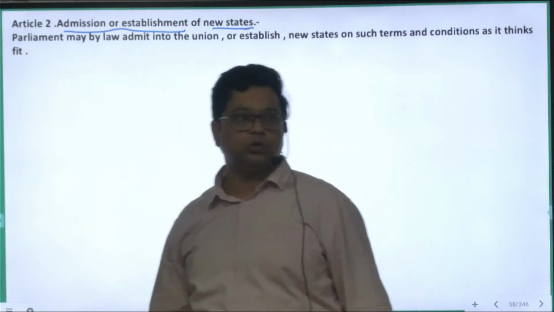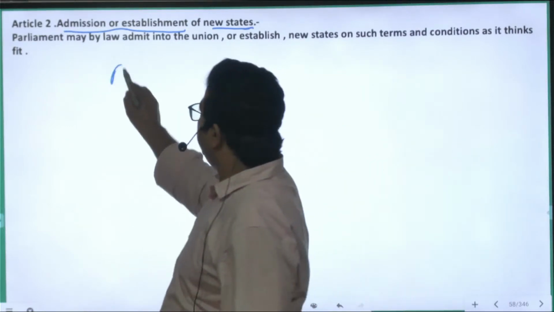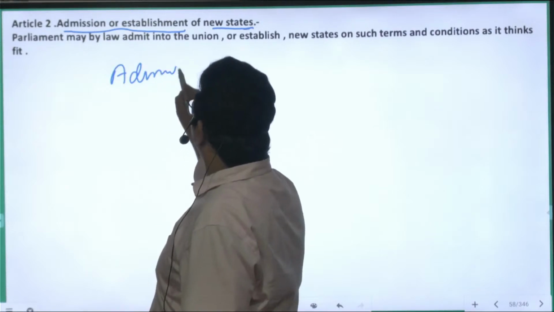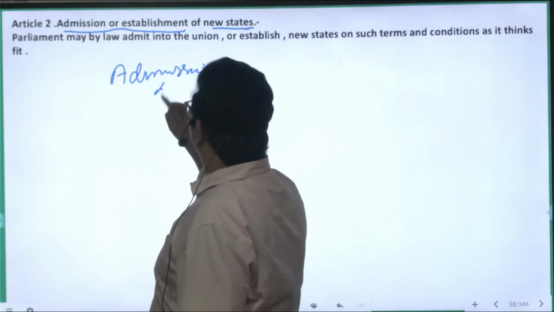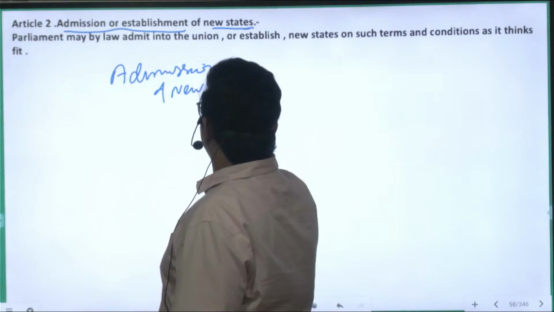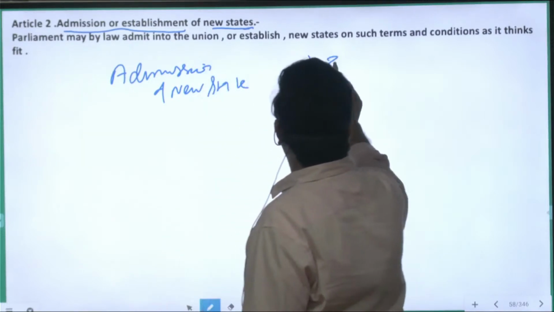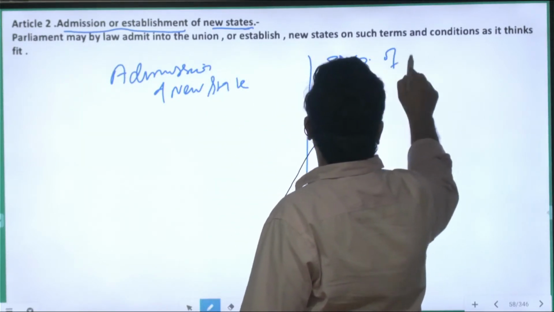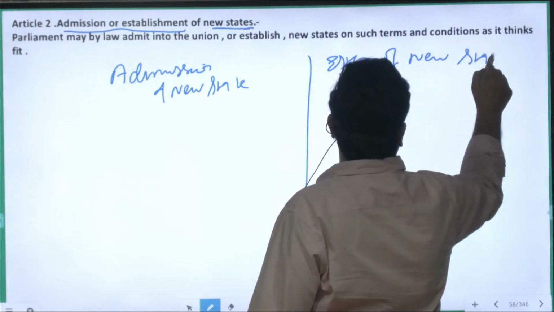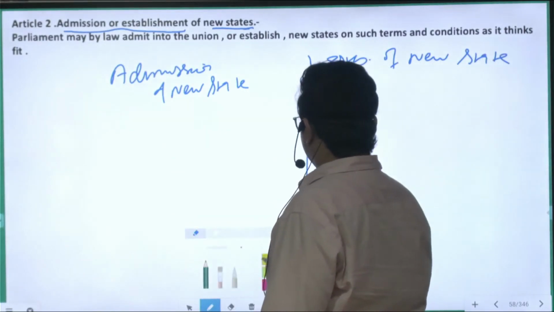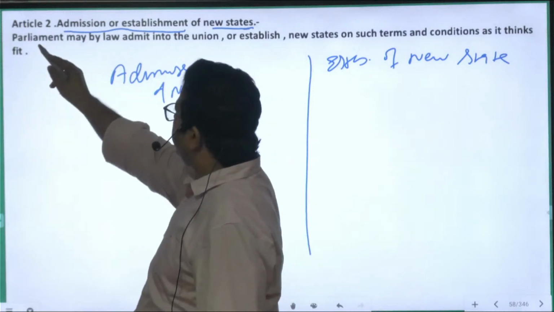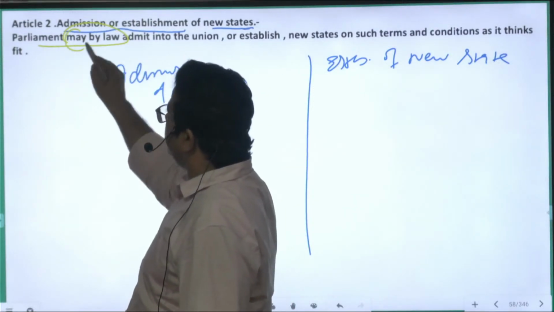So Article 2 talks about two things. One, about the admission of what? Of new state. And one talks about establishment of new state. Right? Parliament may by law. So it is up to the parliament.